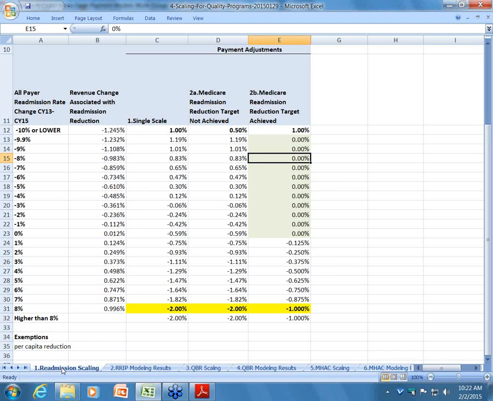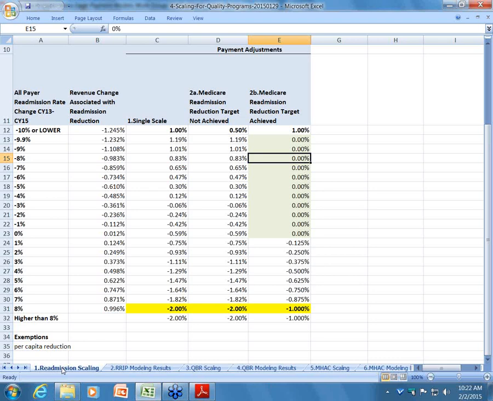So if the hospital reduced their readmission rate by 10%, the revenue gain, without any expenses, would be 1.2% of their inpatient revenue. And that's based on the average readmission rate of 12.45%. That's on the inpatient, right? Again, and that's all payer accounts. Right.